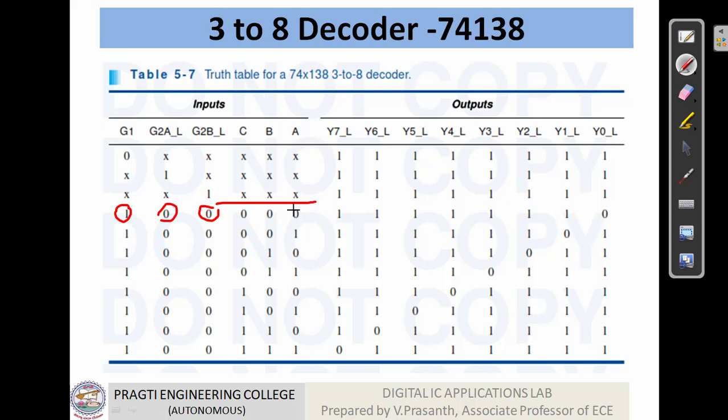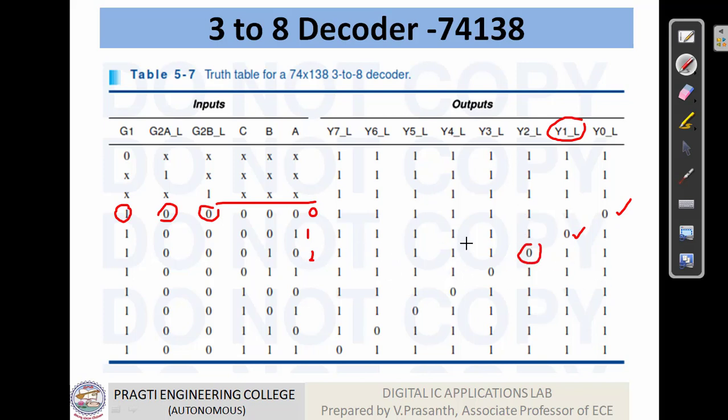Now we have 8 combinations. For 000, Y0_L will be active, and the rest of the 7 outputs will be inactive. For 001, Y1_L will be active, and the rest of the outputs will be inactive. For 010, Y2_L will be active.